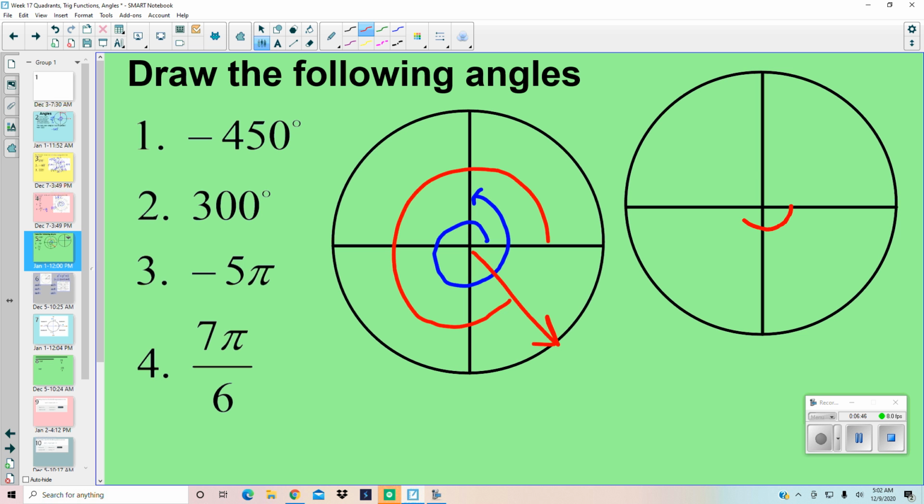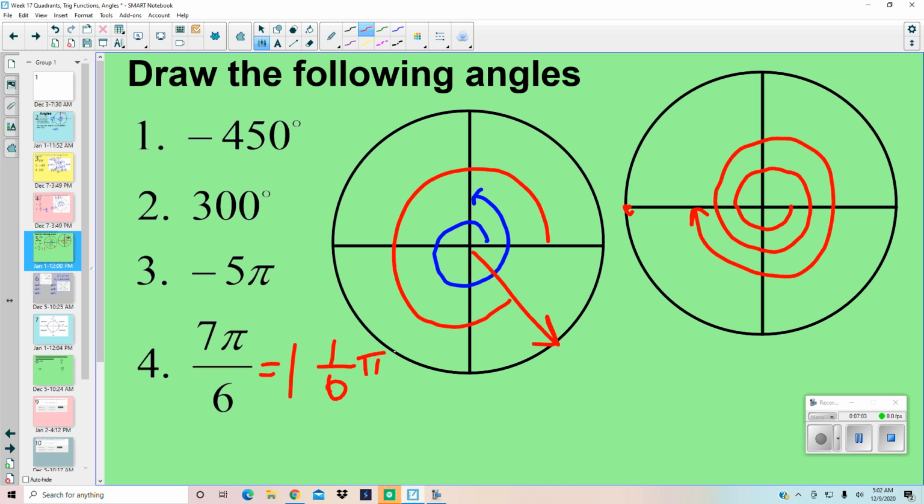So I have negative 1 pi, 2 pi, 3 pi, 4 pi, 5 pi is going to end up right here. And then 7 pi over 6. 7 pi over 6 is 1 and 1/6 pi. In other words, I'm going to go 1 pi and pi over 6 more. So I'd be like right there.